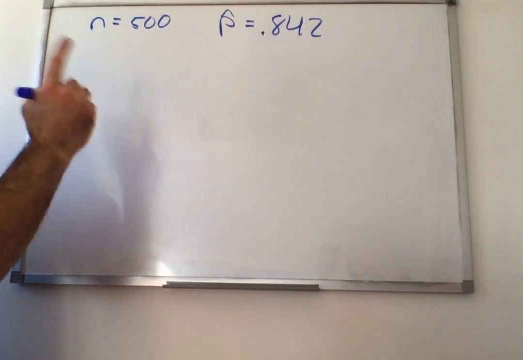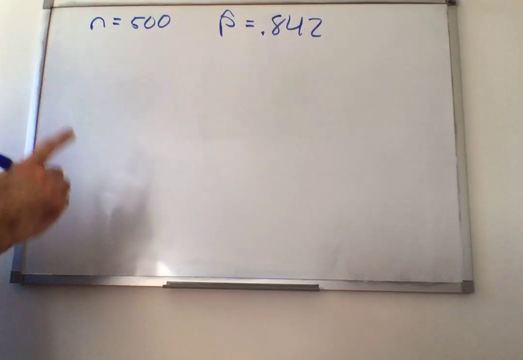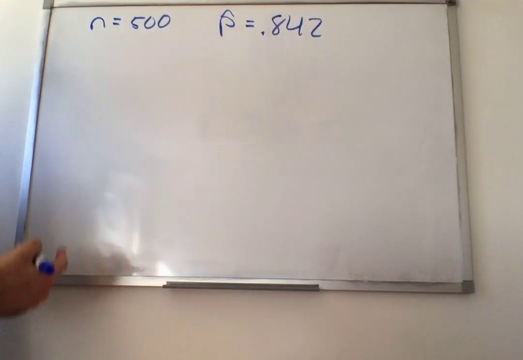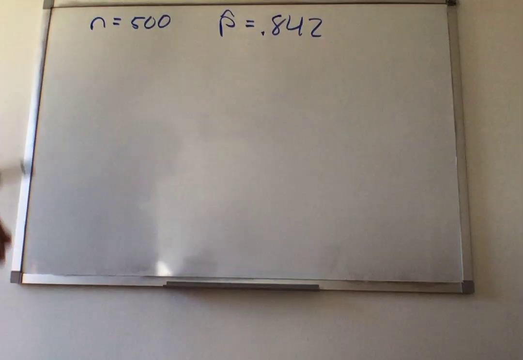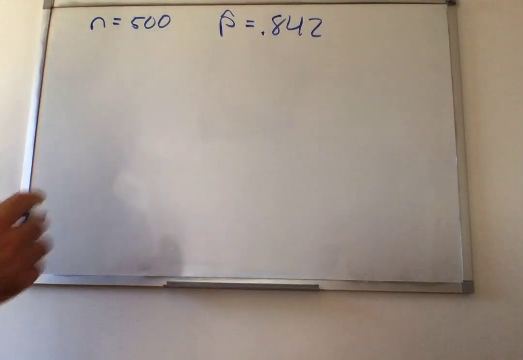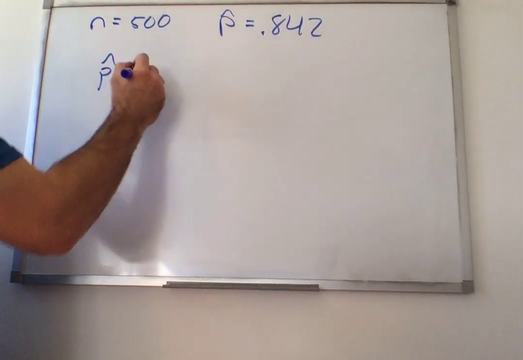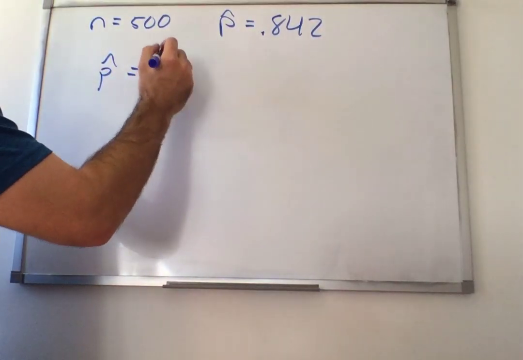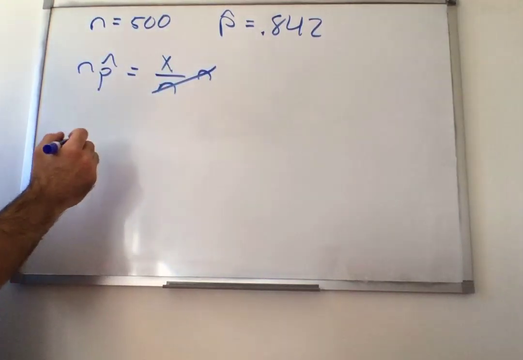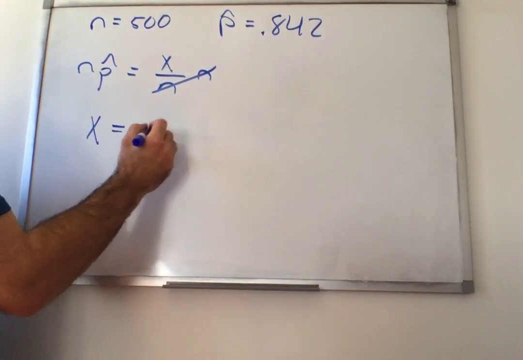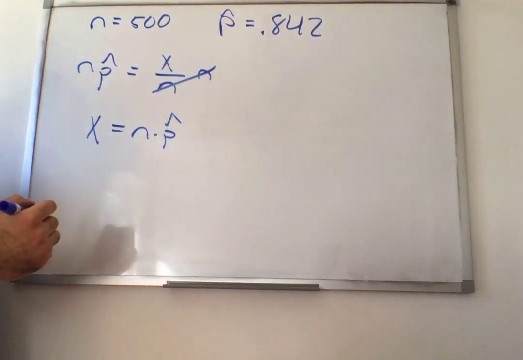when we're doing it on the calculator, you have to find the x value. If you remember the inputs on it, it asks for an x value and an n value. If you look at the formula, p hat is equal to x over n. If I multiply both sides by n, you get x is equal to n times p hat.